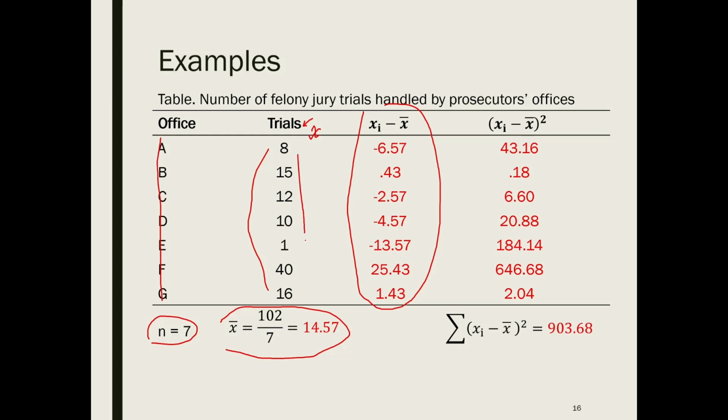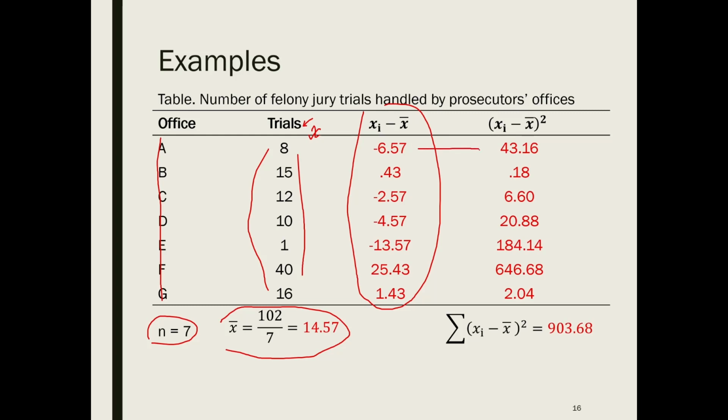If you add them together, that would be 102 divided by 7, which is around 14.57. And you use the raw score minus the mean. So it's like 8 minus 14.57, that'd be negative 6.57.